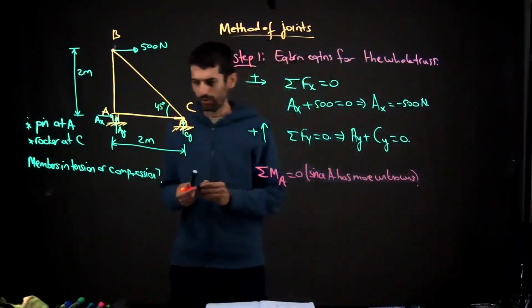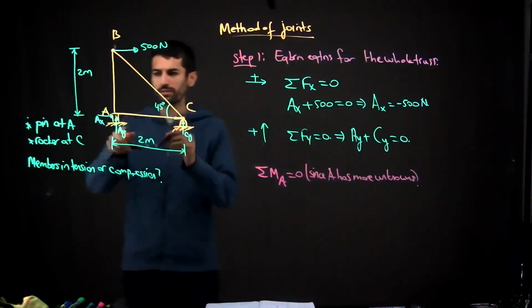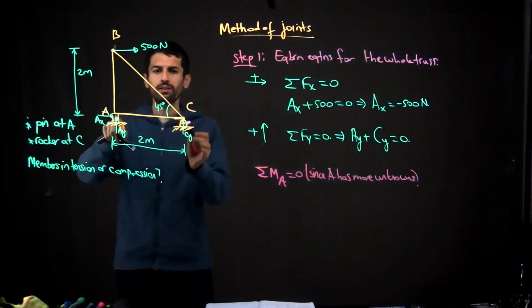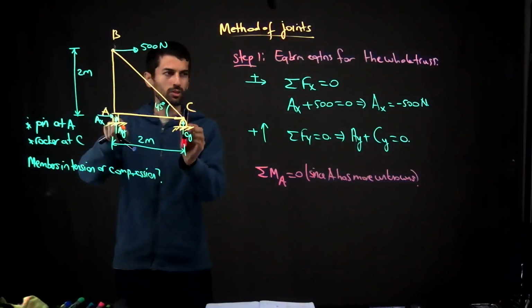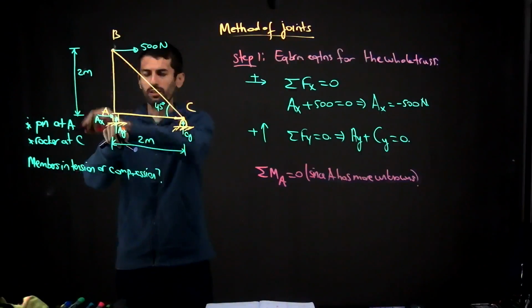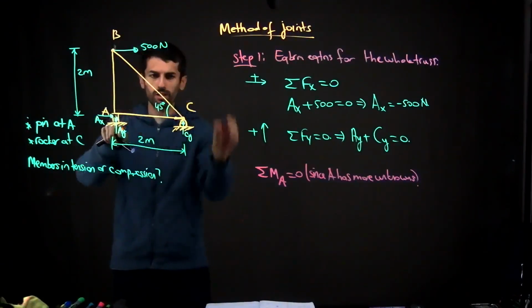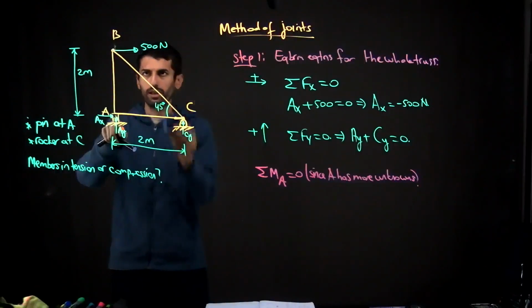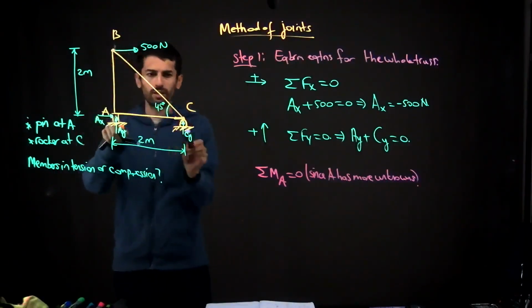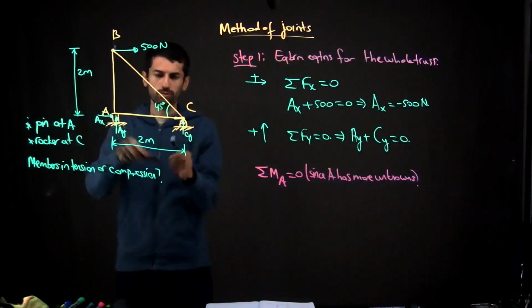Okay, so if I do that, I can see that about point A, this one creates a counterclockwise moment, and this one creates a clockwise moment, and this 500 has an arm of 2 meters, and this CY has an arm of 2 meters.